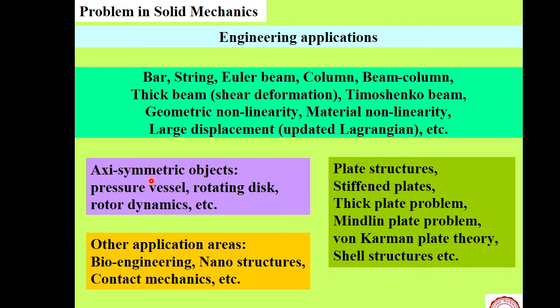Although the object is described in 2D, due to its axisymmetry, our solution field remains in only 1D. Okay, this is a special type of problem, axisymmetric objects.